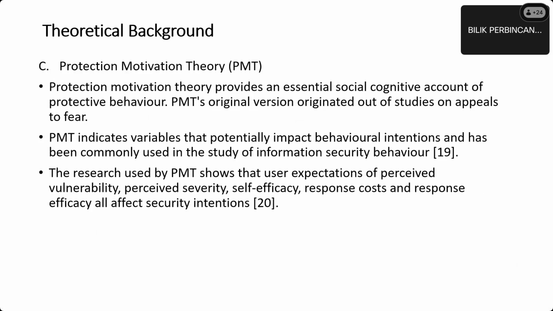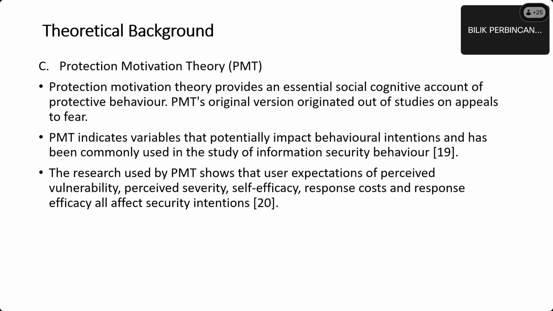Okay, and then last, we have a theory, which is protection motivation theory, which provides an essential social cognitive account of protective behavior. Actually, PMT's original version originated out of studies on appeals to fear, which means that PMT deals with how people handle something emotionally.